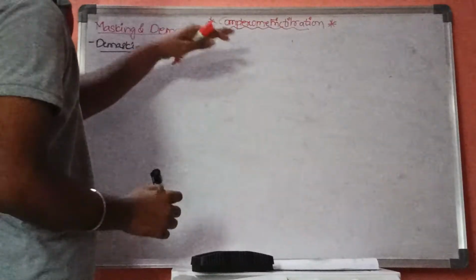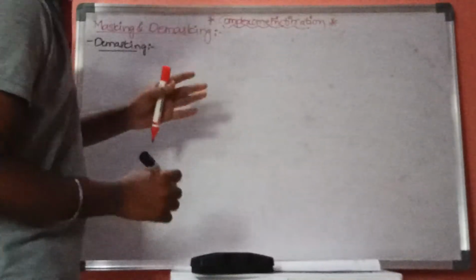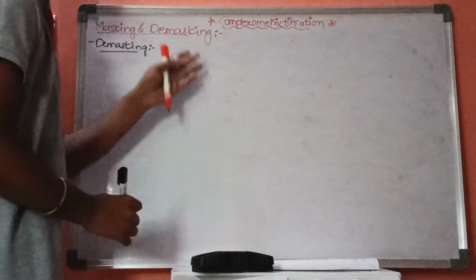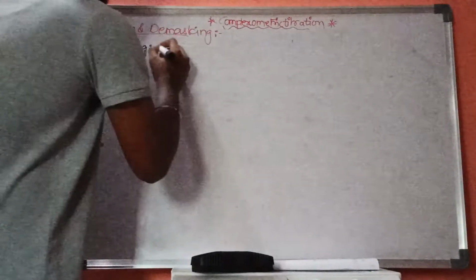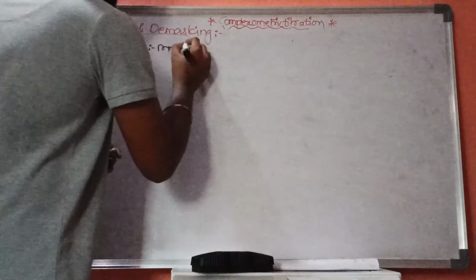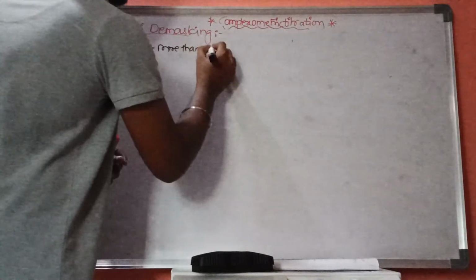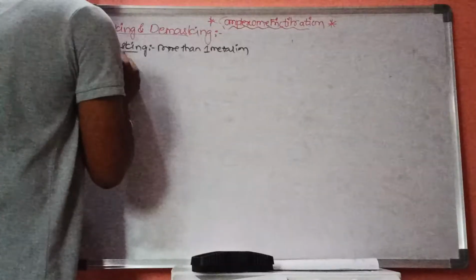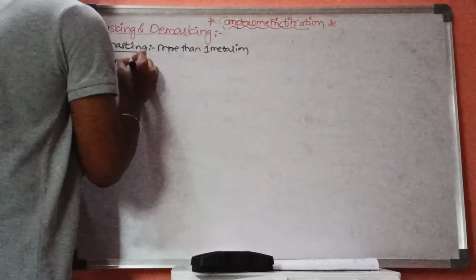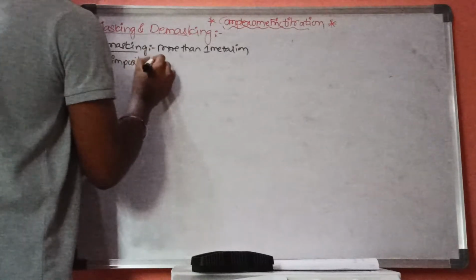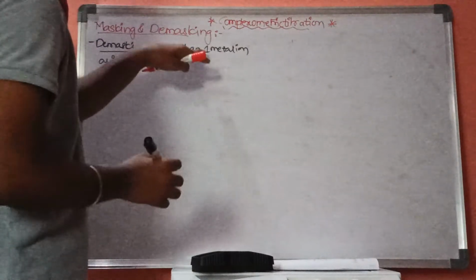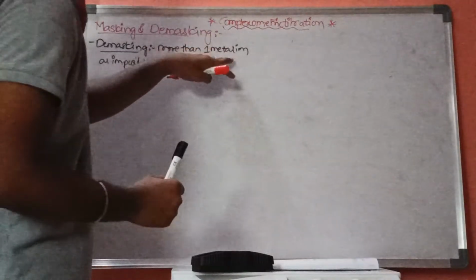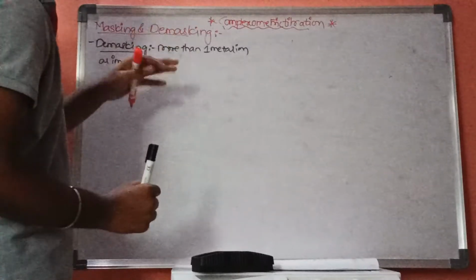Whenever the analyte chosen by us contains more than one metal ion as impurities, the demasking agents are used.